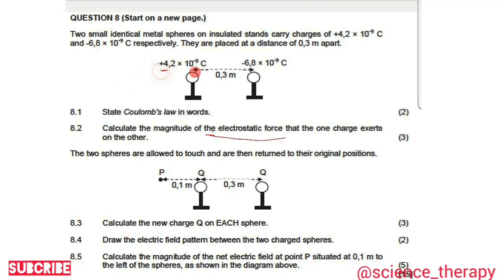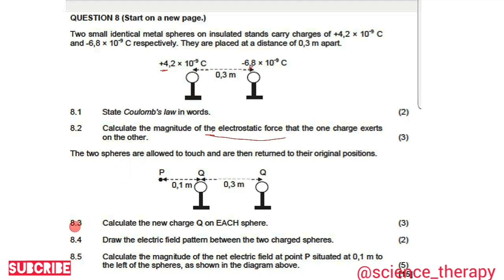So this one is a positive and that one is a negative. So they are bound to attract. Remember, unlike charges attract. But now after they touch and then return to their original position, we know that after the spheres touch, they will then share electrons. And finally, the Q new will now be equal in both these charges, right?